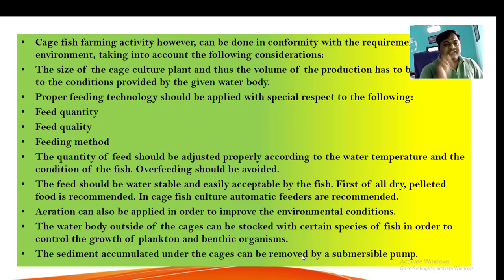Quality plays a crucial role in cage culture, because whatever artificial food we give to the fishes should be complete in all respects. You have to give them protein, vitamins, and their other requirements also. So the quality is also important.